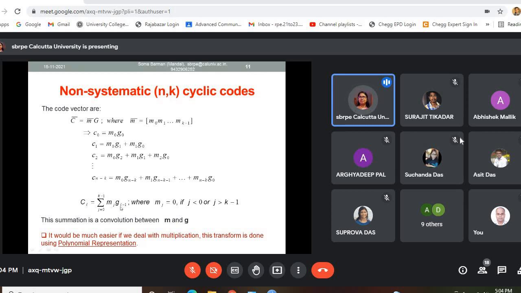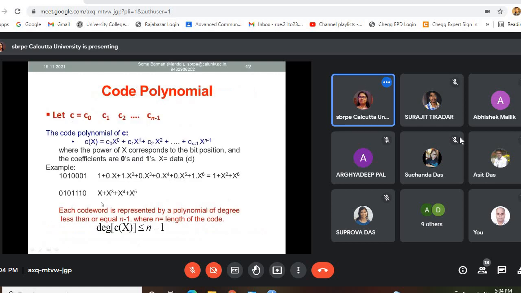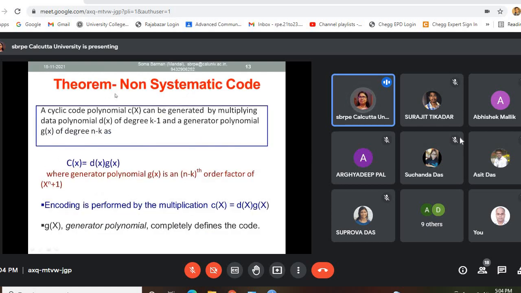So these things you are representing by means of a polynomial. So the theorem here for the non-systematic cyclic code is that the code polynomial, so in this case, instead of saying the code vector, we are considering the code polynomial. So code polynomial Cx can be generated by multiplying the data polynomial of degree k minus 1, where k is the number of bits of the message, and the generator polynomial gx of degree n minus k.